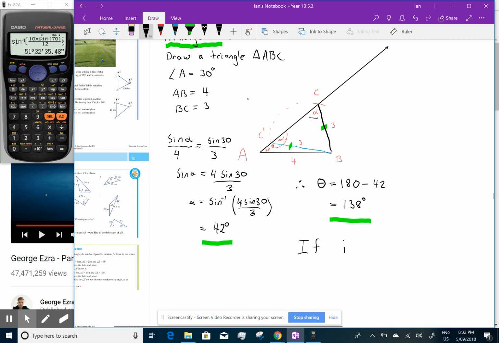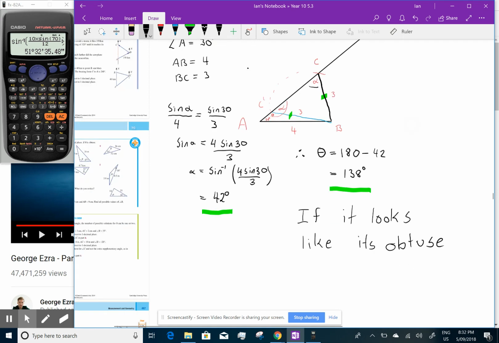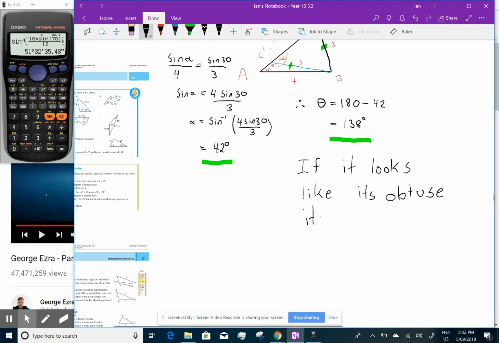And if it looks like a duck, and walks like a duck, it's going to probably be a duck. And just substitute obtuse in there. If the angle looks bigger than 90 degrees, well, then you're going to go with the obtuse.